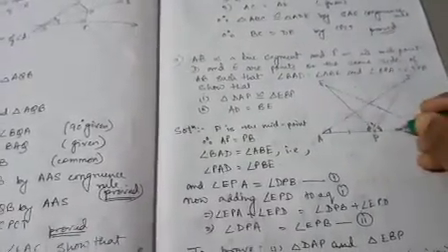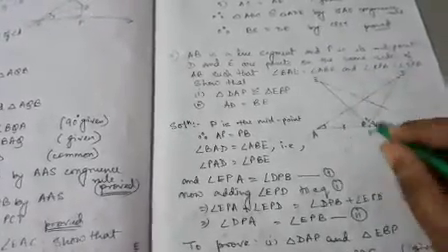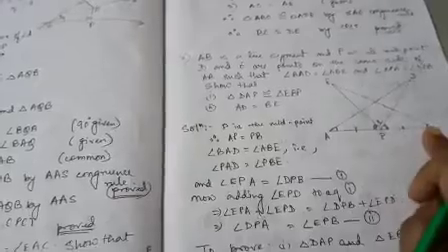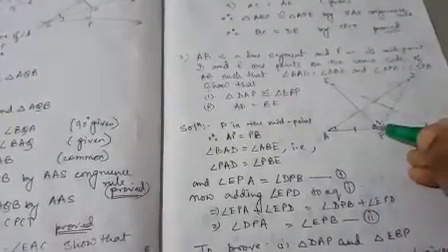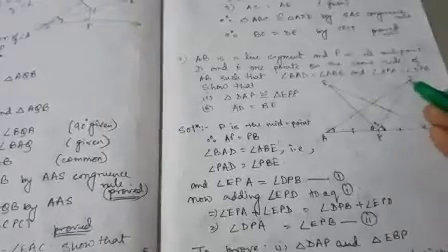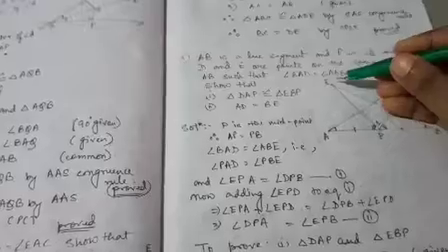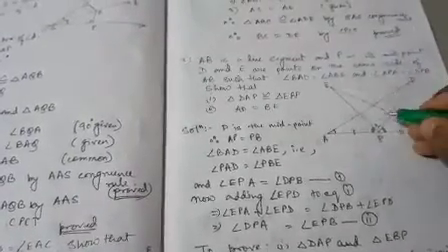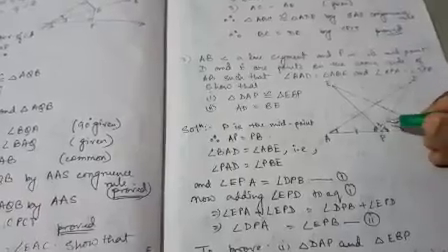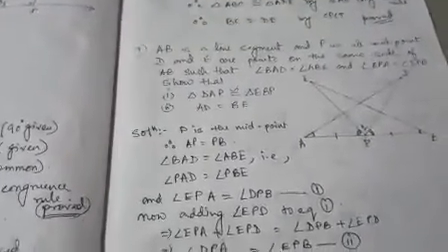To show that, we already have sides equal and an angle equal. So one angle is left. If we consider DAP, we need the angle DPA, and if we consider the triangle EPB, we need the angle EPB. And to find that angle, this angle 1 needs to be added.